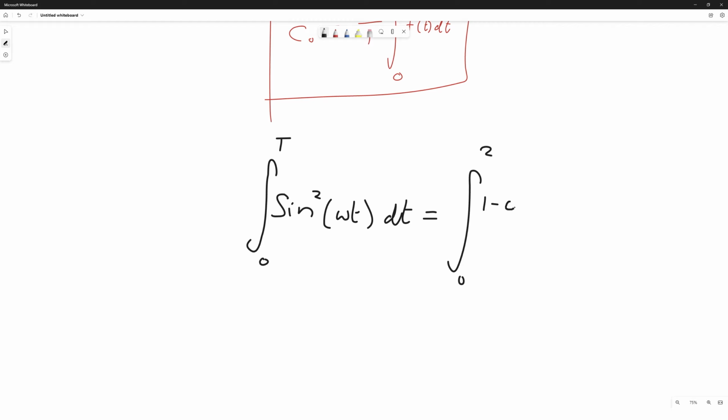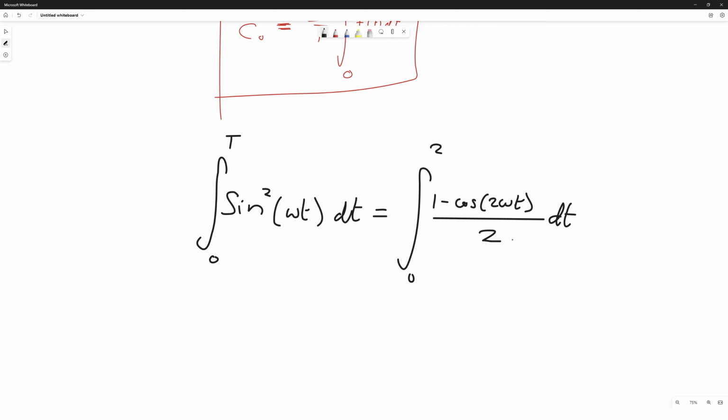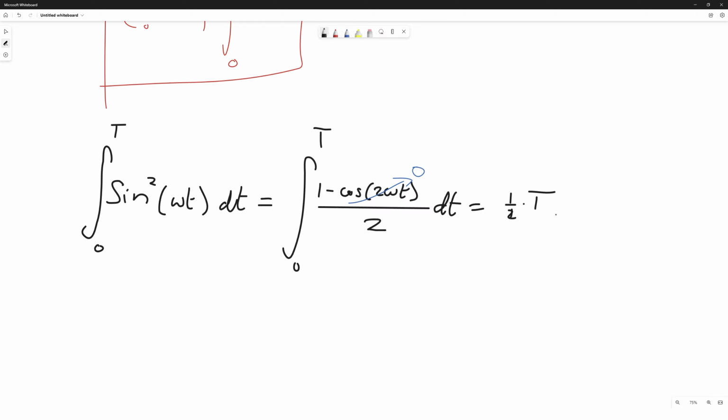It can be written as 1 minus cosine of 2 omega t over 2 dt. And now this is a sinusoid, so this term will just go to 0, and we have half times the integral, so it's t. Oh, this is supposed to be t, right? So it's half times t.